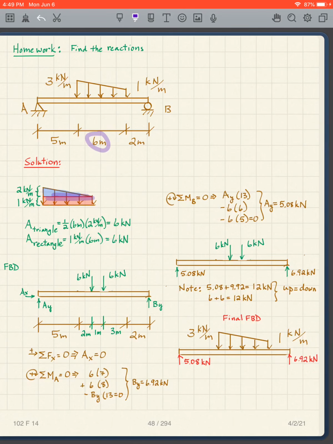So we go, you know, this is a total of 6. So 1/3 of 6 is 2. So I go from the left side here, I go 2 meters. This is the triangle.